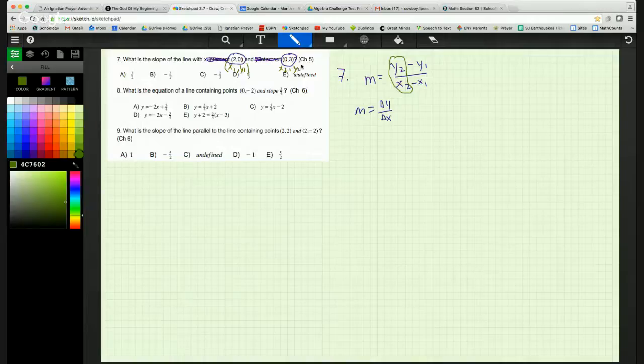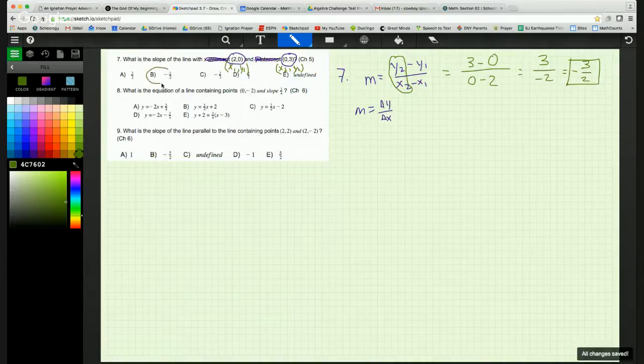You got to make sure you always keep them in order. So we put our y2 over our x2, and then we subtract our y1 over our x1. That's going to be 3 over -2, which is equal to -3/2.